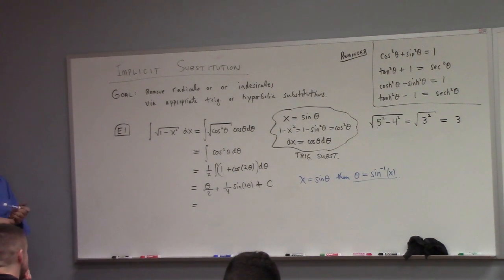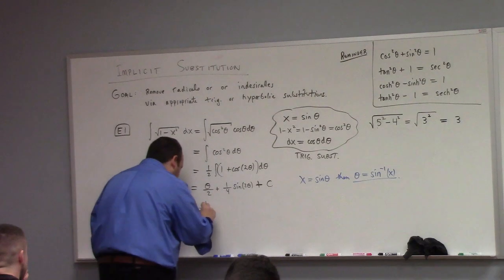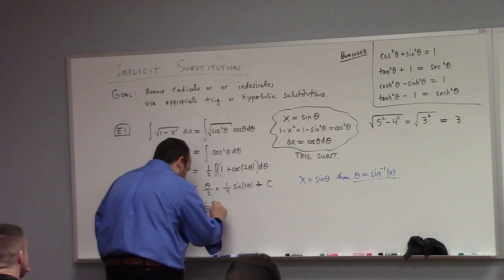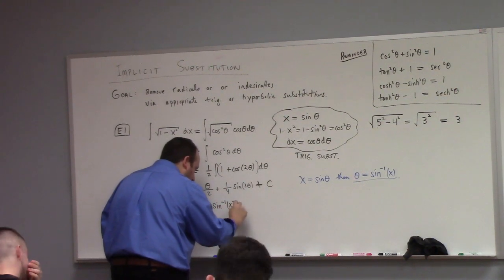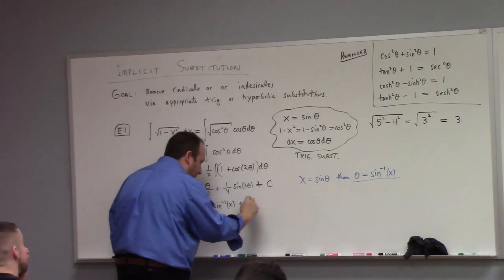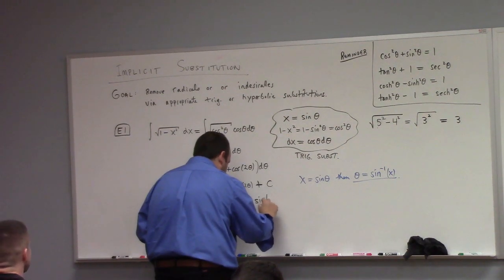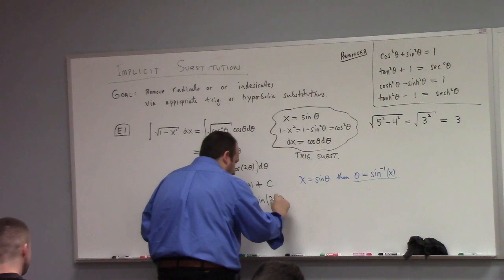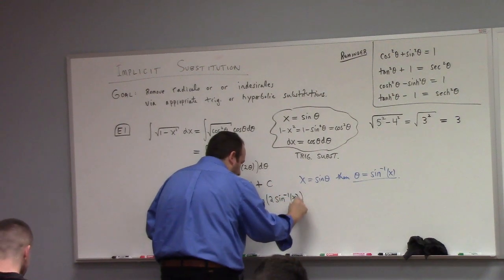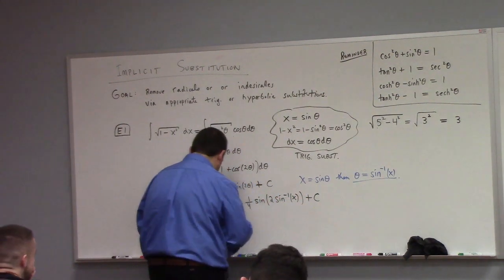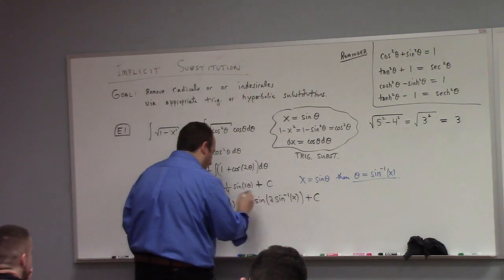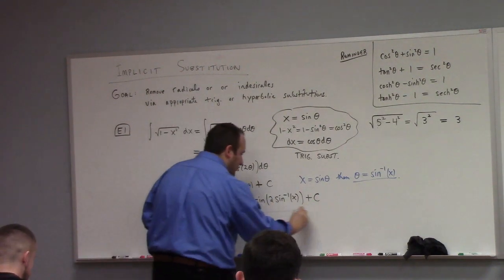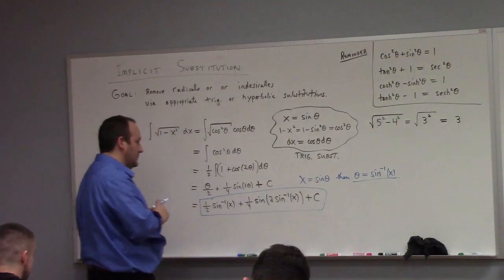That's the best I can do for the first term here. 1/2 inverse sine of x plus 1/4 times the sine of 2 times the inverse sine of x plus a constant. So this is an okay answer. It's pretty good. We can do a little bit better.